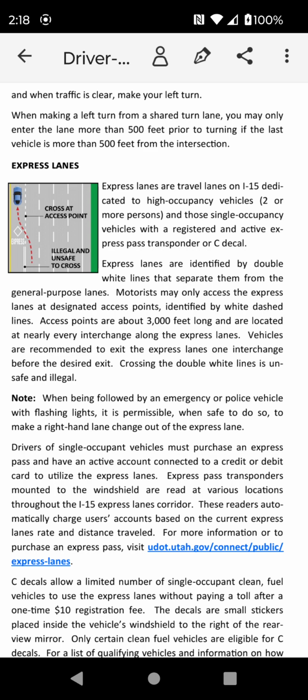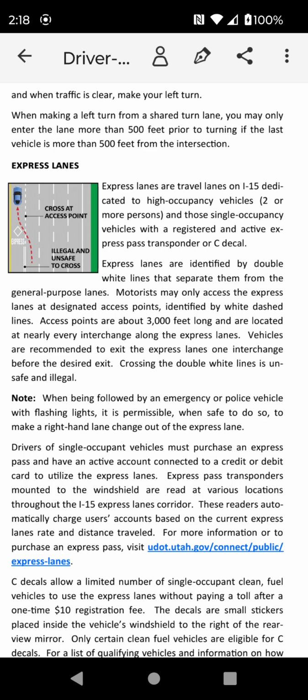Express lanes are identified by double white lines that separate them from the general purpose lanes. Motorists may only access the express lanes at designated access points, identified by white dashed lines. Access points are about 3,000 feet long and are located at nearly every interchange along the express lane.